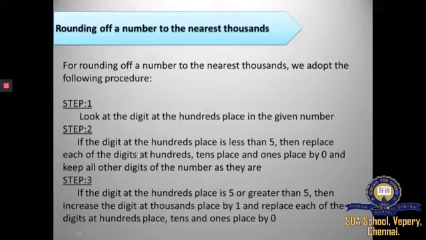If the digit at the hundreds place is less than 5, then replace each of the digits at hundreds, tens place and ones place by 0 and keep all other digits of the number as they are. If the digit at the hundreds place is 5 or greater than 5, then increase the digit at thousands place by 1 and replace each of the digits at hundreds place, tens and ones place by 0.